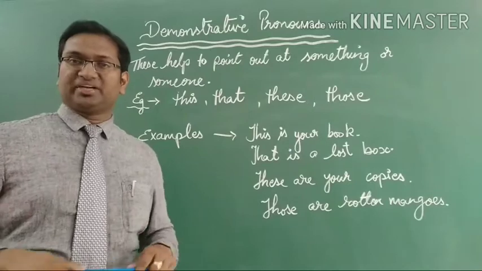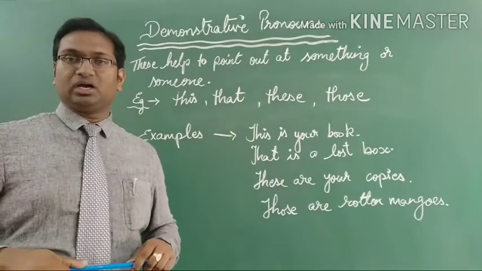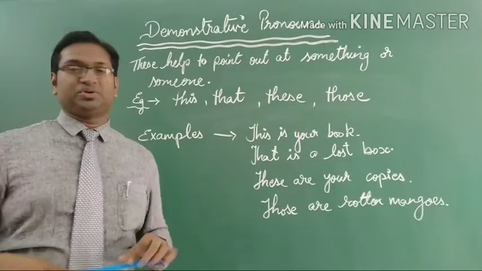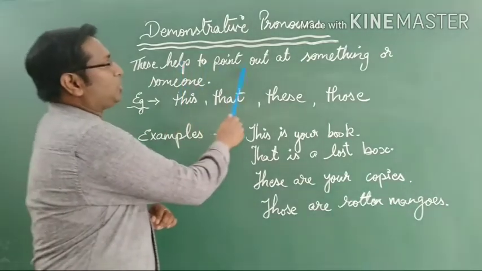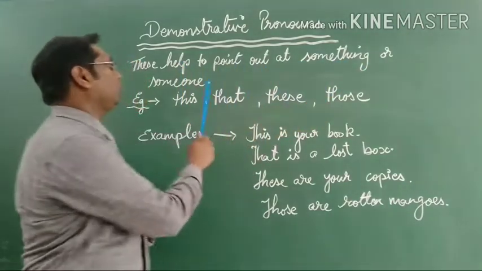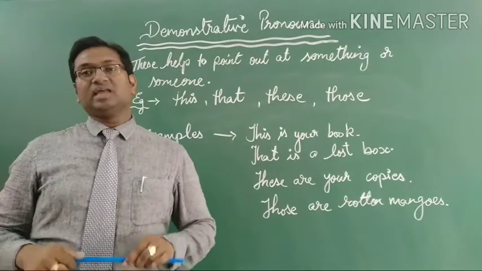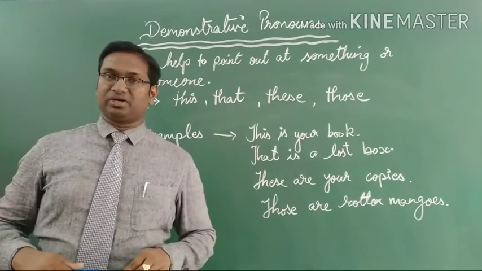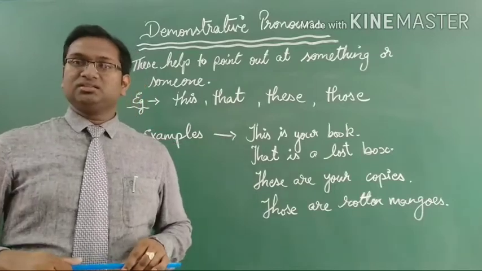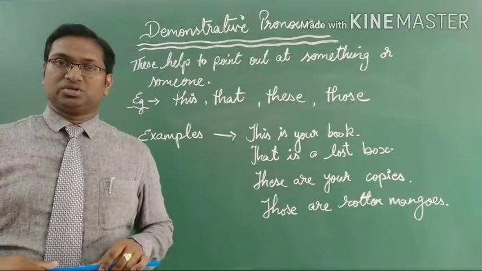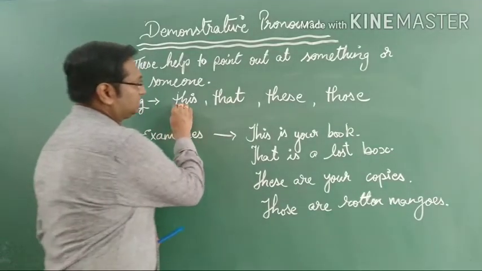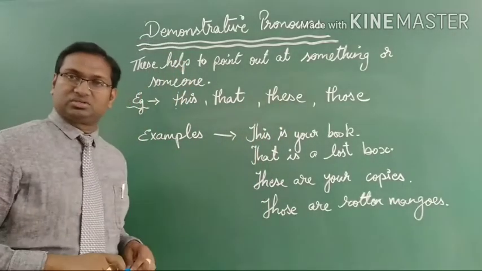Next is demonstrative pronouns. What are demonstrative pronouns? Demonstrative pronouns are those pronouns which help to point out something or someone. If you are pointing out someone or something, that is your demonstrative pronoun. Example: this, that, these, those. Now, these four words: this, that, these, those.